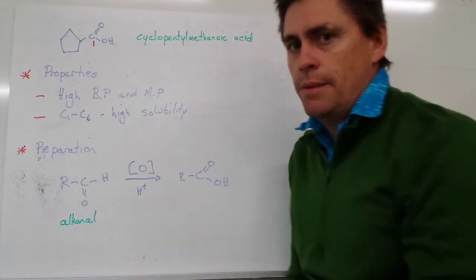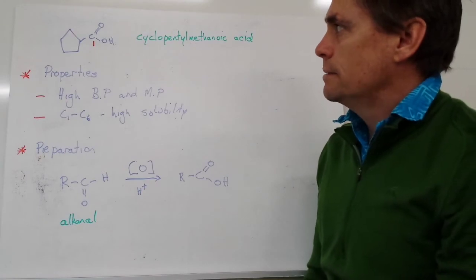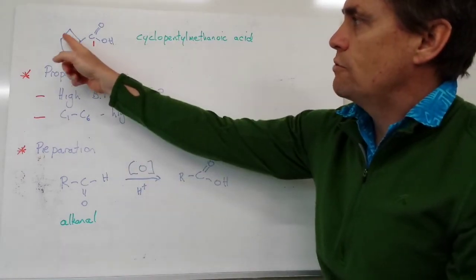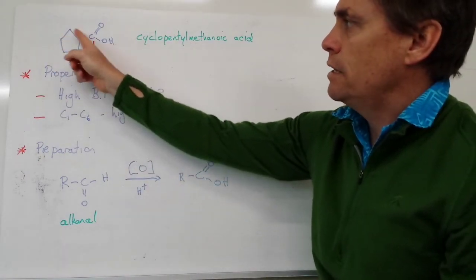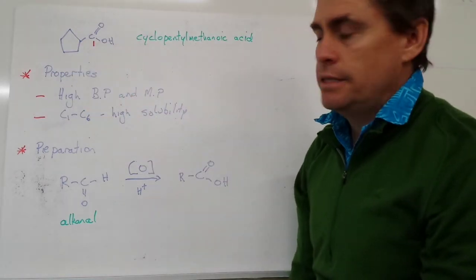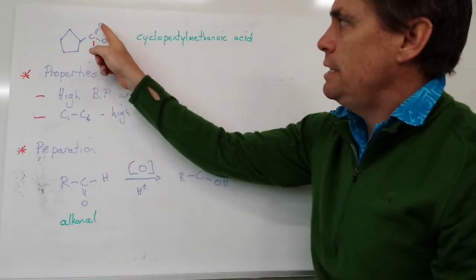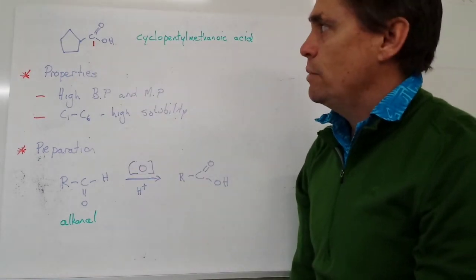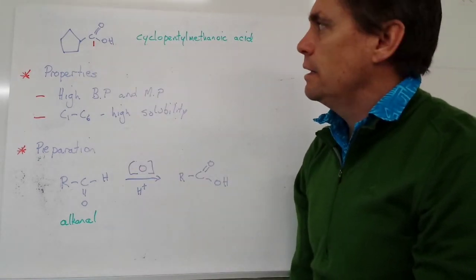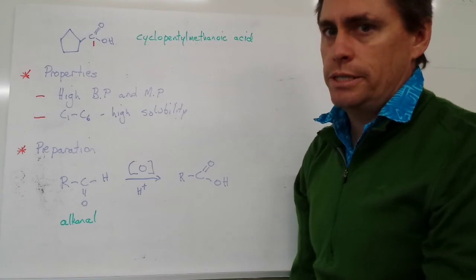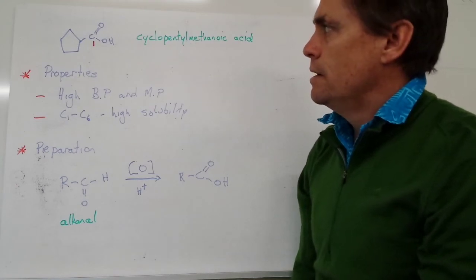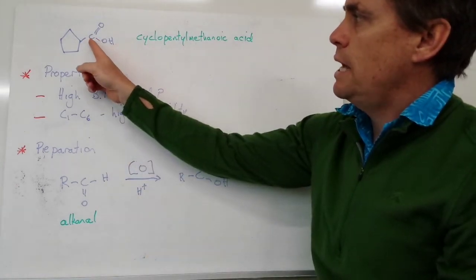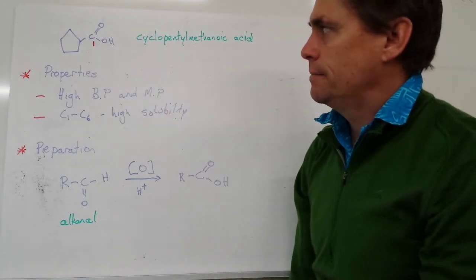We've got a third example that's slightly more complex. So we've got a ring structure, a cyclopentane aspect to this molecule, and then we've got a C double bond OH here as well. Now we said when we're naming that the carboxyl group takes precedence over everything else. So this particular molecule only has 1 carbon in the chain.